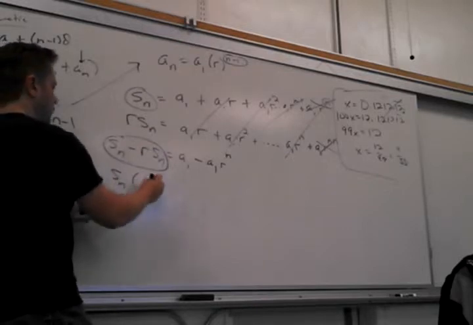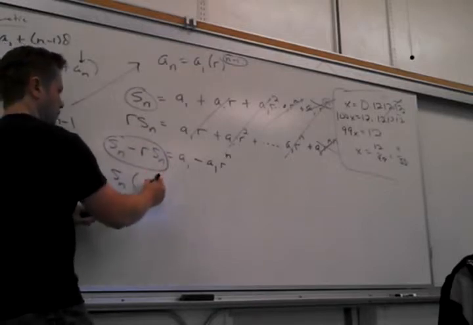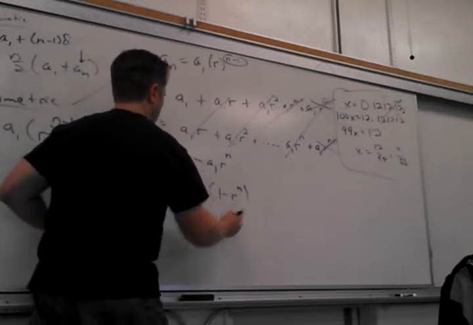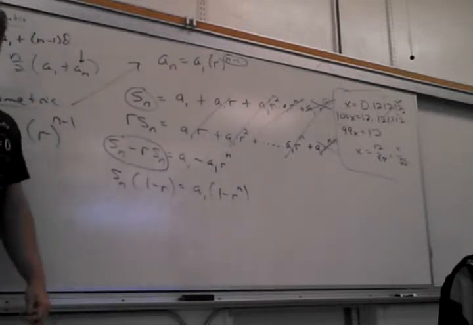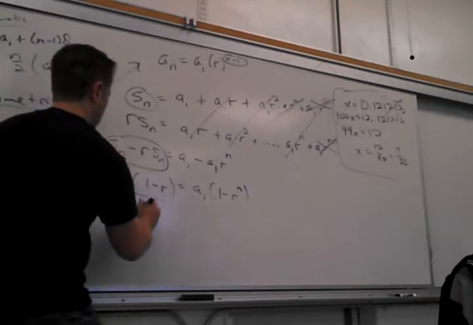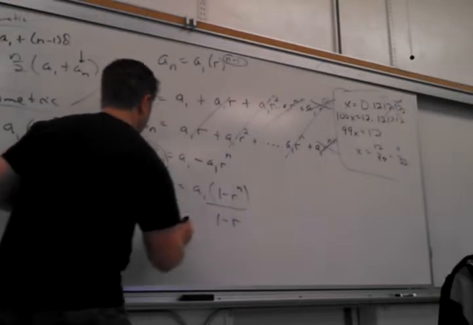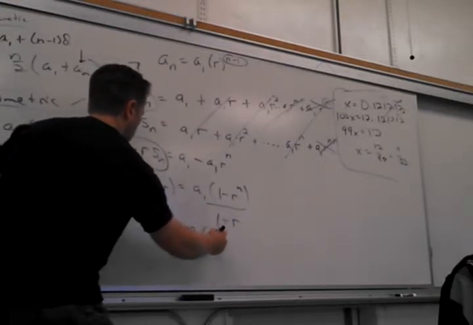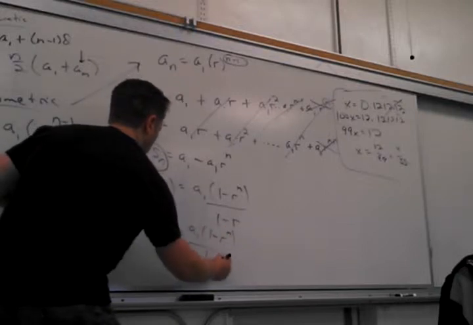Take an Sn out, so I'm left with, and over here I'm going to take an A1 out, just to make that side feel like it's doing something. And then I can divide by 1 minus r. So Sn equals A1 times 1 minus r to the n, divided by 1 minus r.